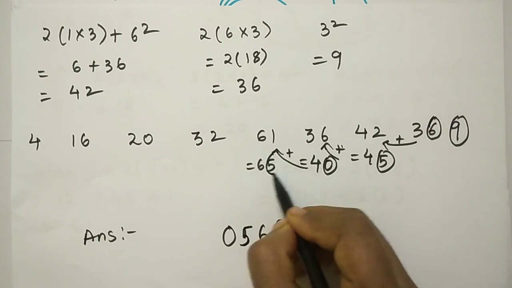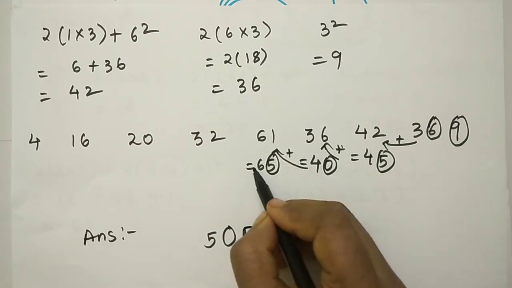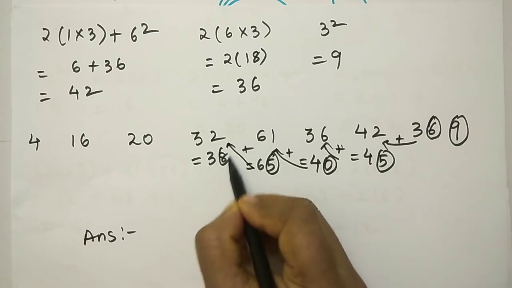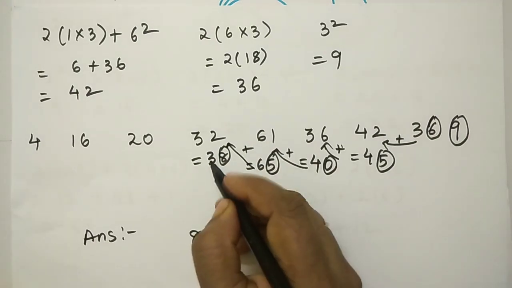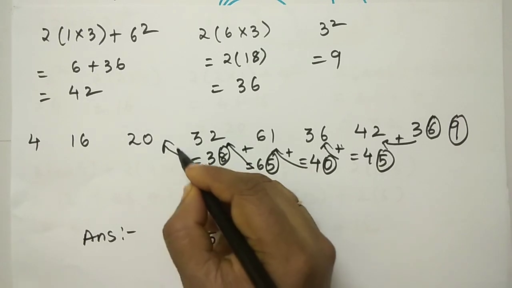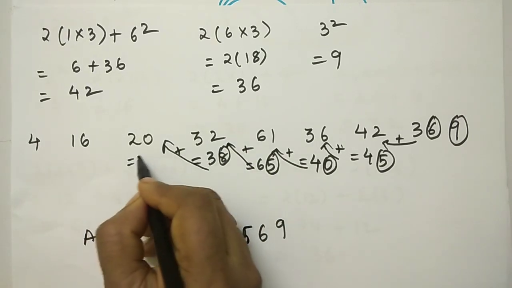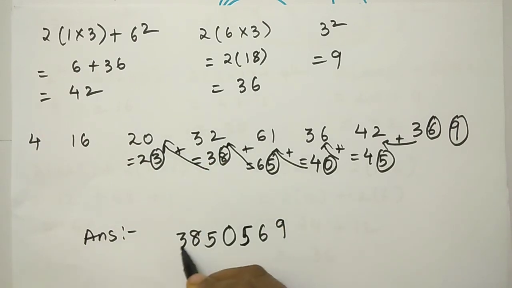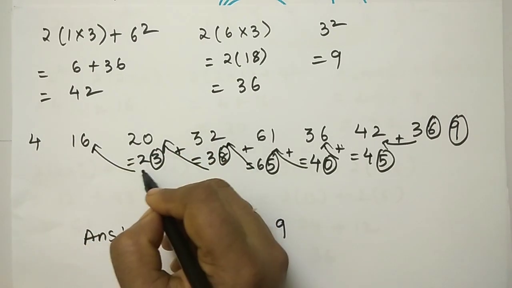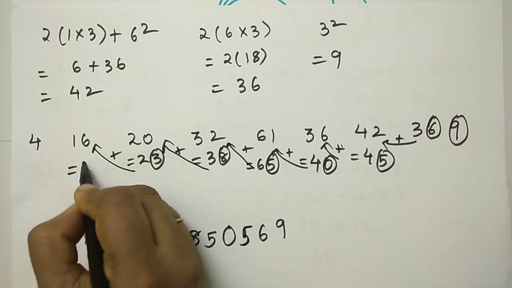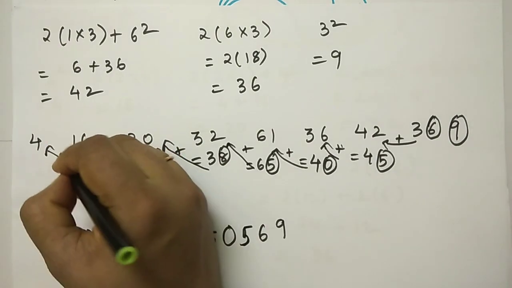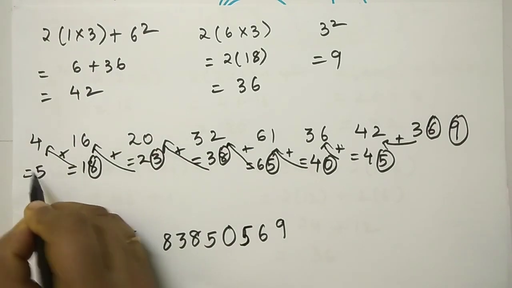So write down here 5. Carry this 6 here, you will get 38. Write down here 8. Now carry this 3 here, you will get 23. Write down this 3 here, carry this 2 here, you will get 18. Write down here 8. Carry this 1 here, you will get 5.